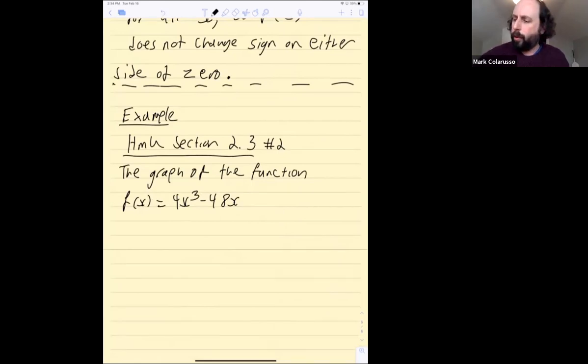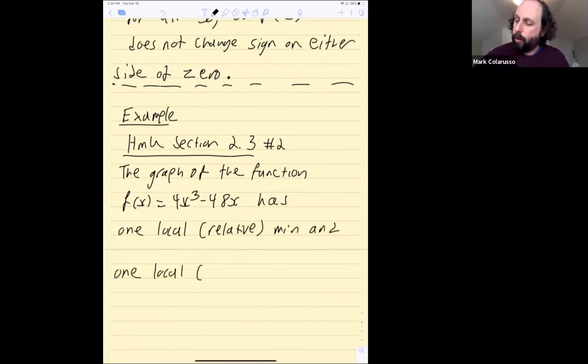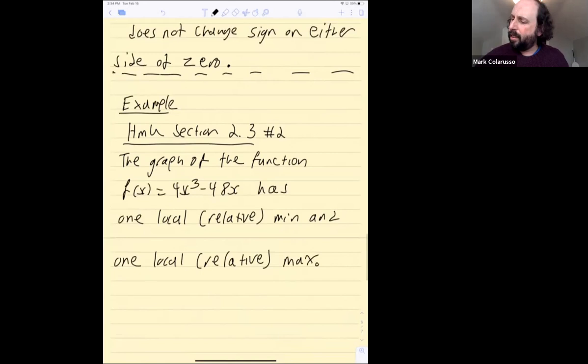They actually are using the word local instead of relative. So it has one local, or relative, min, and one local, or relative, max. Find these points using the first derivative test.